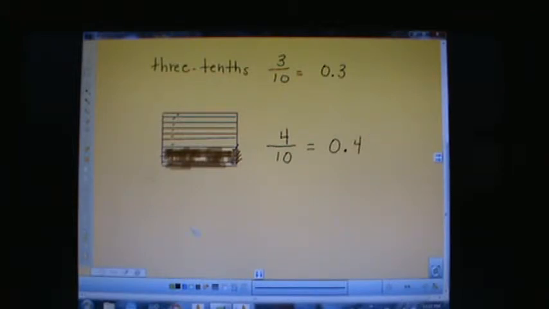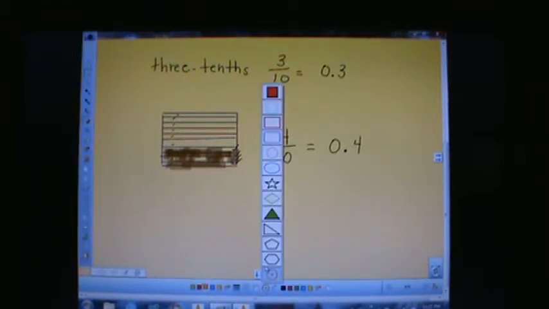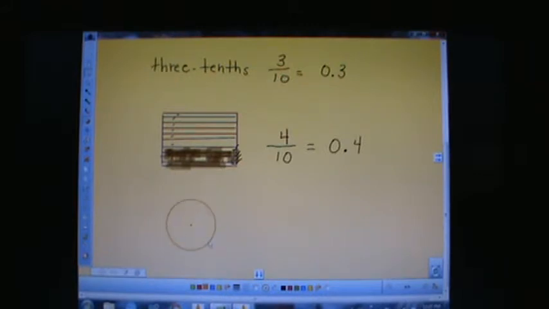Again, I could do the same thing with a circle. If I were to take a circle, and let's put a circle in here, and let's mark it off. Okay, and let's shade in some of our circle.